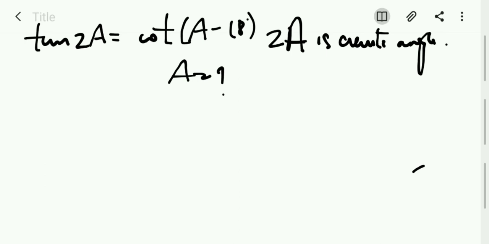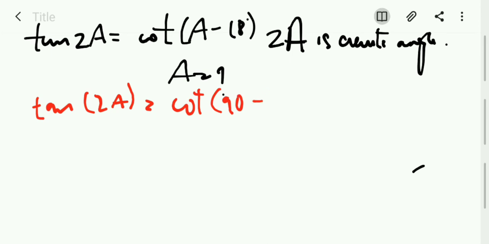Now tan 2A is equal to cot (A minus 18 degrees), and 2A is an acute angle. Just look at the sum, how it goes. If I want to write tan 2A, it is nothing but cot (90 minus 2A), right?